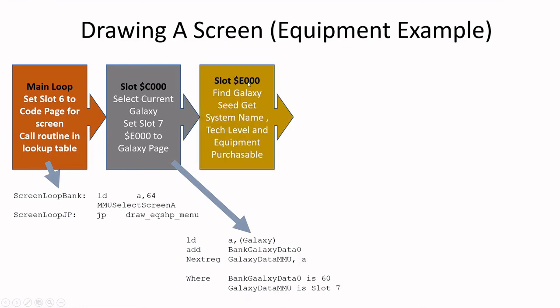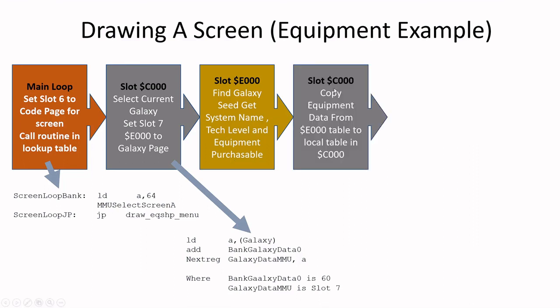Within E000, I then got a number of various routines, such as picking up the current system galaxy seed via looking it up in the pre-built table, set the system name in a local variable in the galaxy, set the tech level or the system data, and then iterate through all the equipment and based on tech level, build up a table of what can and cannot be rendered to screen.